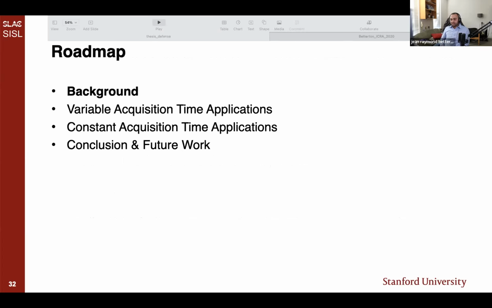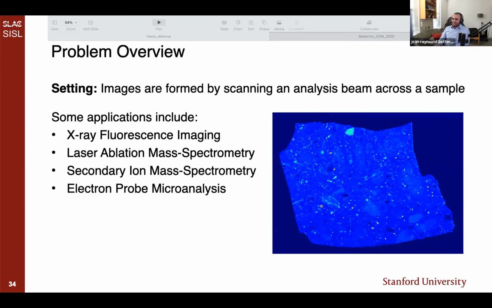So now I'm going to talk about some of the X-ray projects that I've been working on. The first section is variable acquisition time applications. That might be a lot of words. Basically, what this comes down to is in these applications, we can not only choose the location of our measurements, but we can also choose an exposure time for them, which controls how much noise the measurement has and how fast the scan is overall.